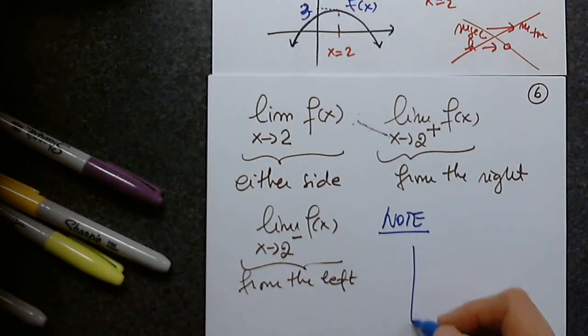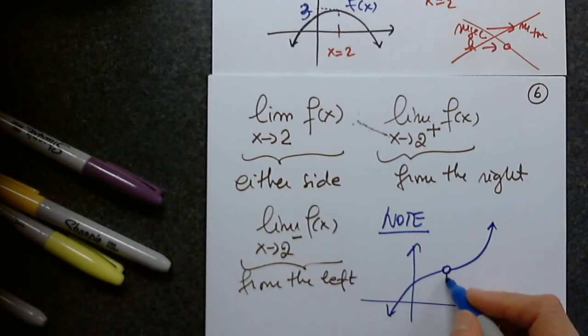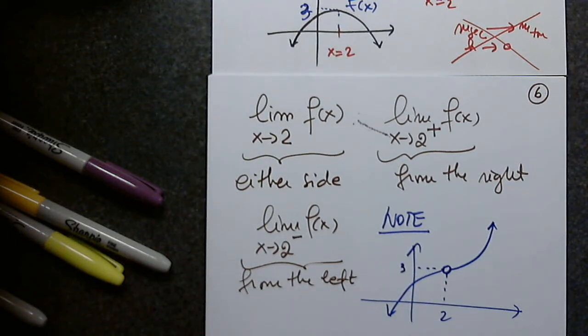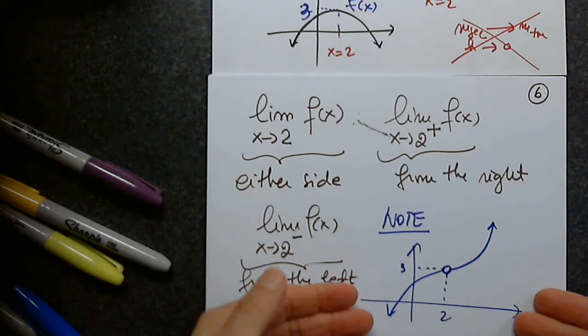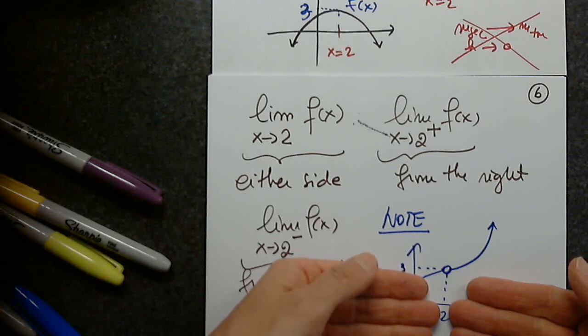So here's an example. Remember what we said with h approaching 0? We guarantee h is not 0, right? So when we're asked here to find the limit from either side, we're not asked to plug in 2. Quite the contrary.